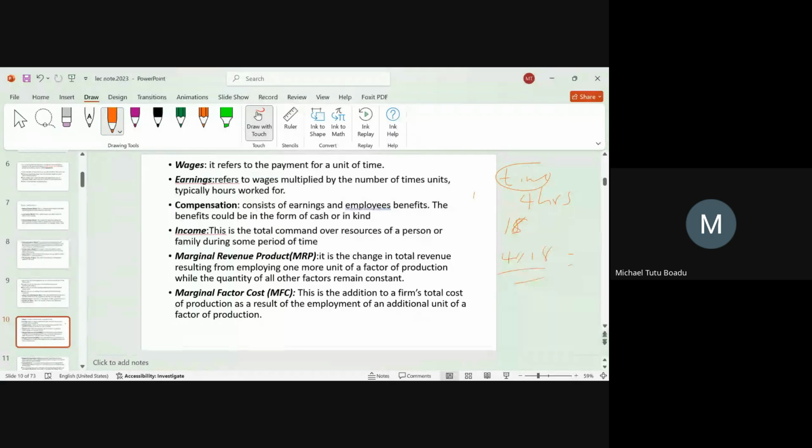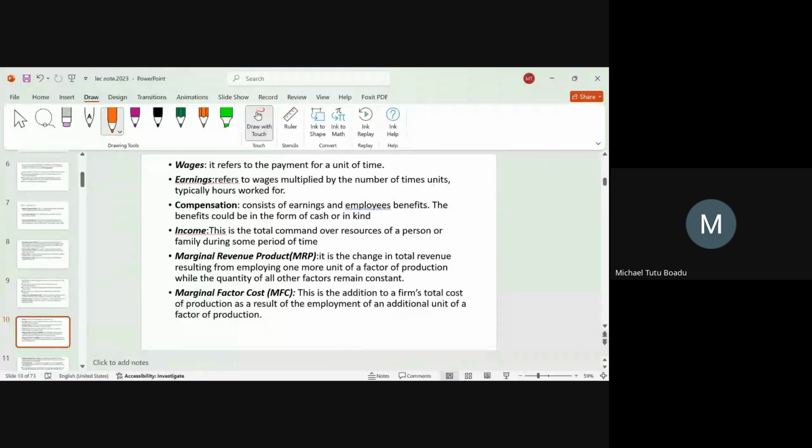Then we have marginal revenue product. Marginal revenue product is simply the changes in your total revenue times the price of a product.